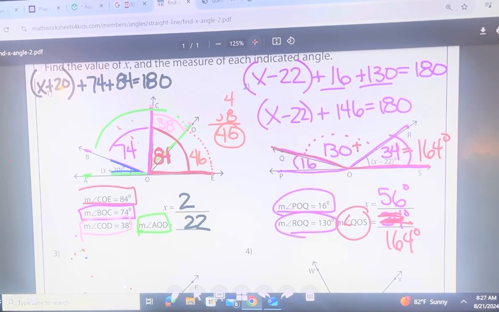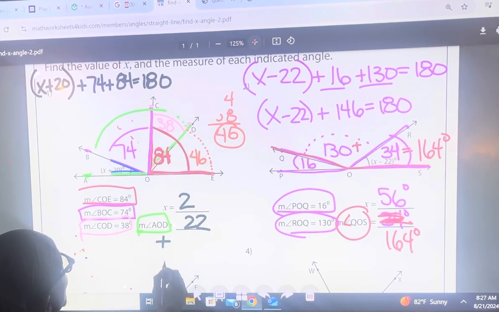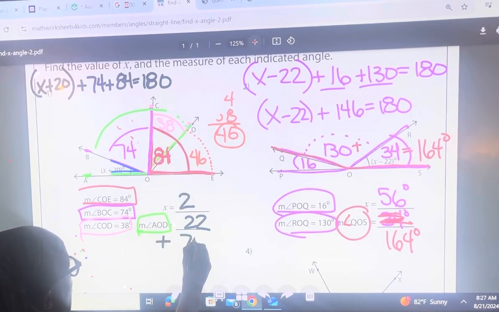Mr. Winter, are you sure? I think you're confusing AOD with AOD. It's fine. Oh my God! He's right. Oh yeah. So it's 22 plus, they want AOD, 22 plus 74 plus 38.